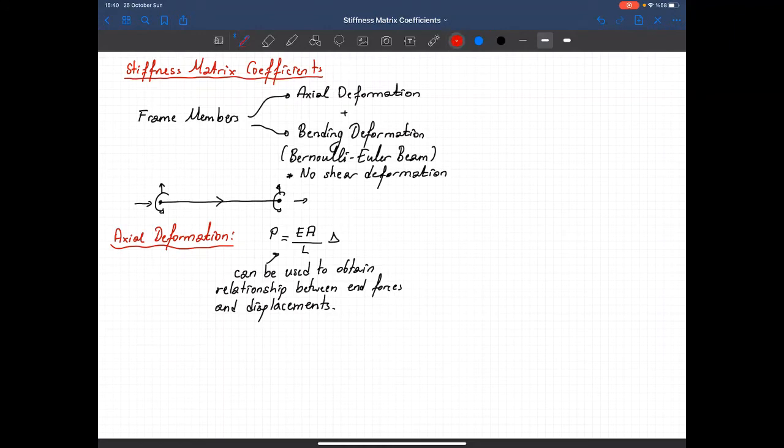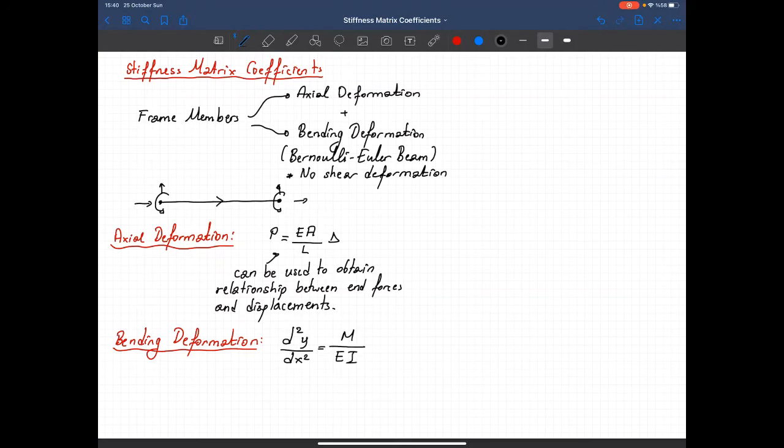Okay, now let's take a look at the bending deformation. In the bending deformation, we have the following differential equation: d squared y dx squared is equal to M over EI.